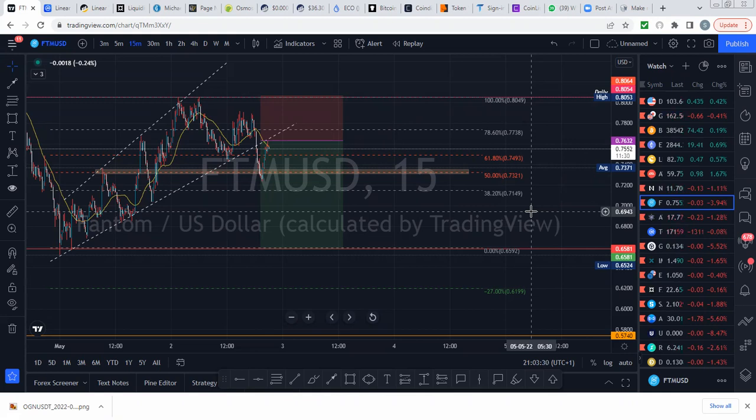So it will add a spice for you to know where price is heading, the next move that price will make. So that's the essence of using Fibonacci.